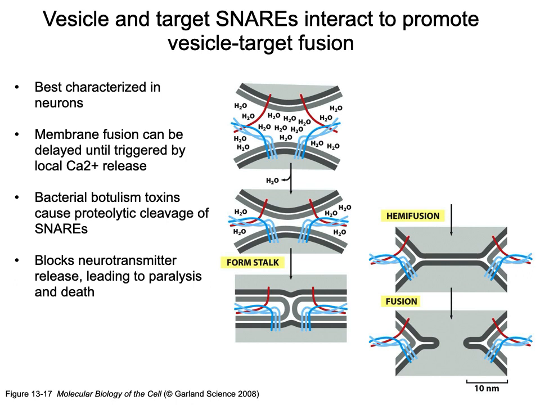So if you were to give a neurotoxin like botulism, it actually causes cleavage of the snares. So that docking might happen, but the actual anchoring does not happen, so you can't get fusion of the vesicles with the membrane.